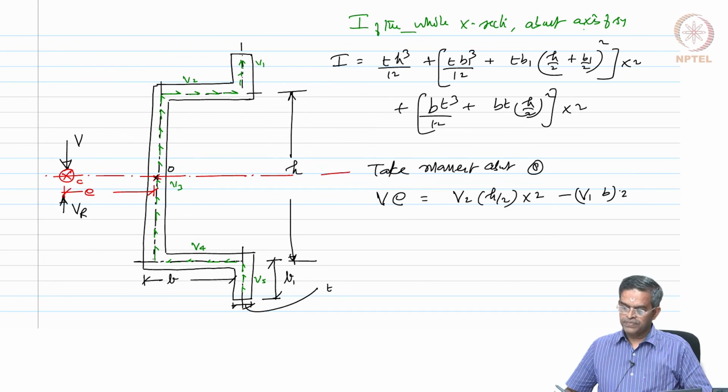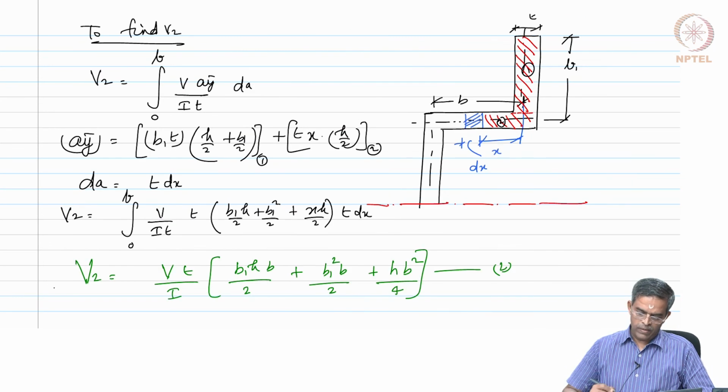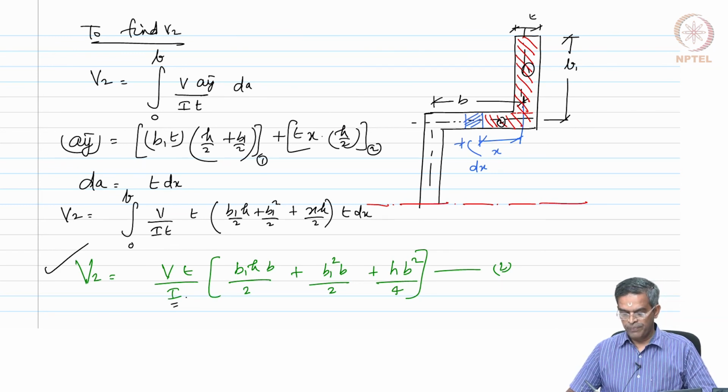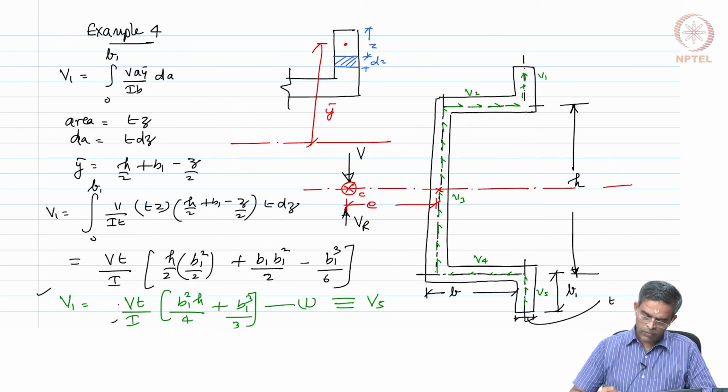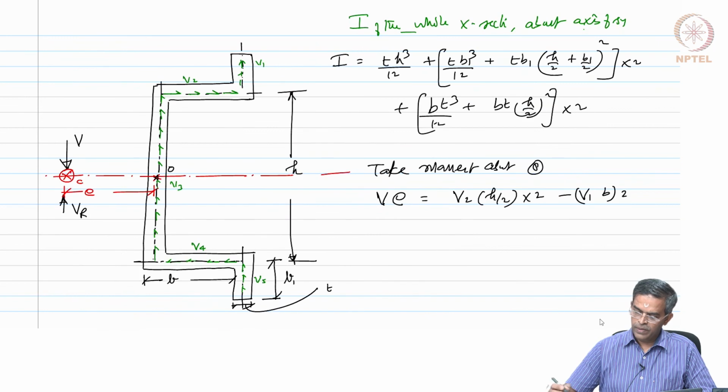So, friends, V2 is a function of I, the geometric property. V1 is a function of I, geometric property. So, in this equation V2, V1 will have V, so V goes away, and for all the dimensions known, one can compute E.